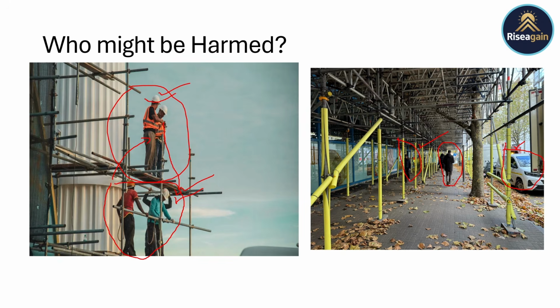So public property we can also mention. So we can say people working there and working nearby, people passing by, and public property. So that's how we can understand who might be harmed and how.